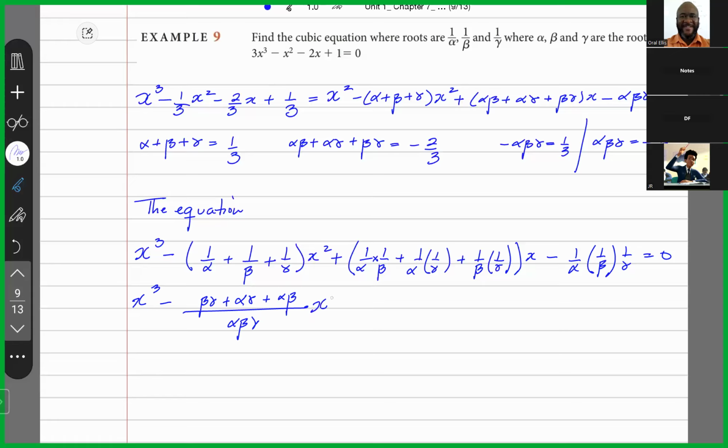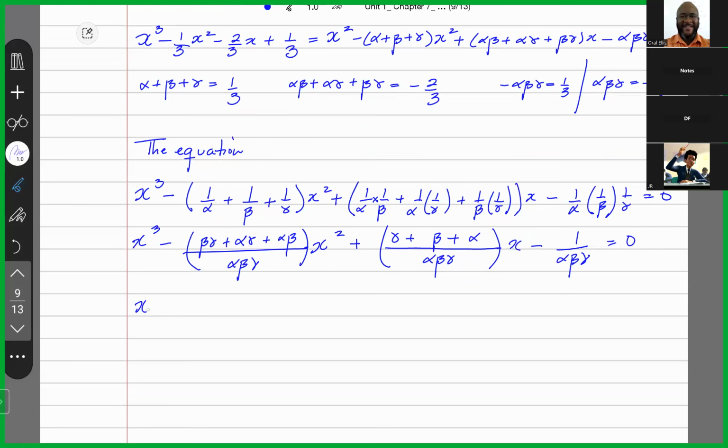And this is x squared plus, down here, the LCM is alpha beta gamma. Now, alpha beta into alpha beta gamma is just gamma. Alpha gamma into alpha beta gamma is beta. And beta gamma into alpha beta gamma is alpha, x. And lastly, minus 1 over alpha beta gamma is equal to 0.